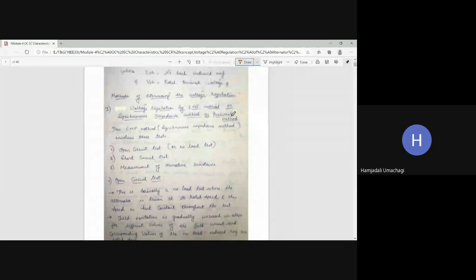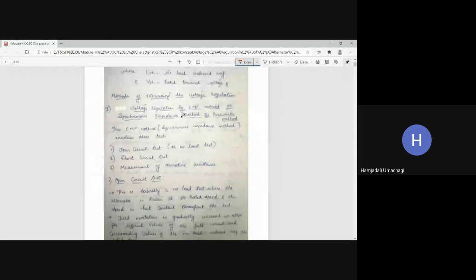In the examination, if you get an experiment based on the EMF method, the question will not be like 'conduct tests on alternator to determine voltage regulation using EMF method'. We may ask the question in the other way. We may say conduct synchronous impedance method of calculation of voltage regulation of alternator. Then you should understand it is the EMF method.